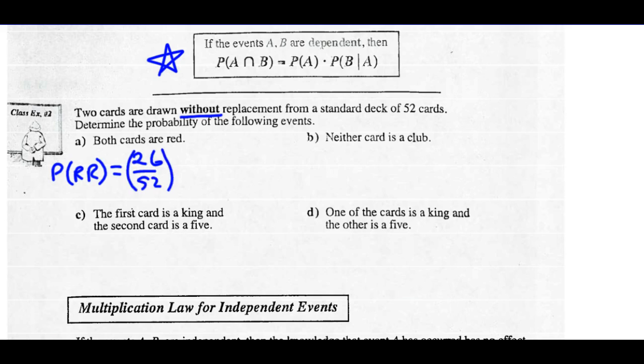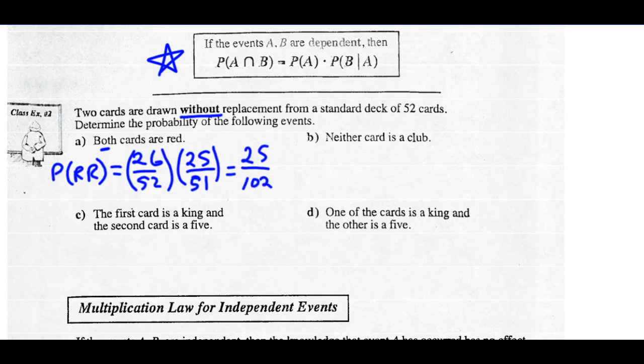Without replacing it, the second card must be 25 out of 51. We need them both to be red. We're saying the first one was red, therefore there's only 25 red cards left. All right, you work that out, you get 25 out of 102.